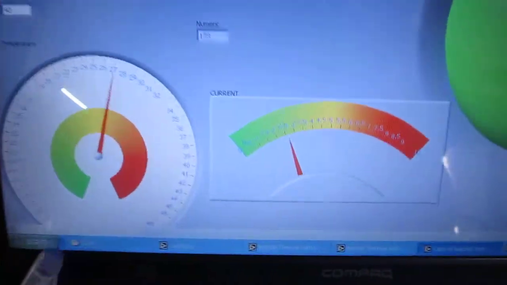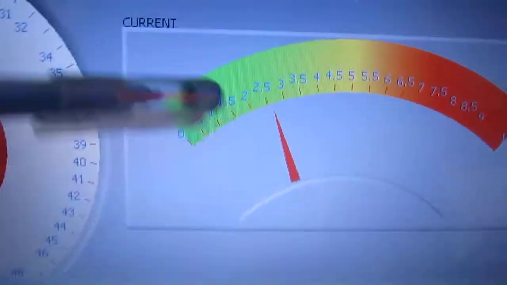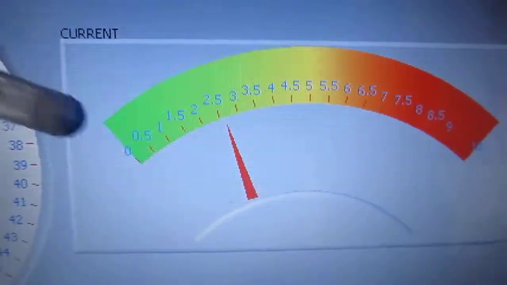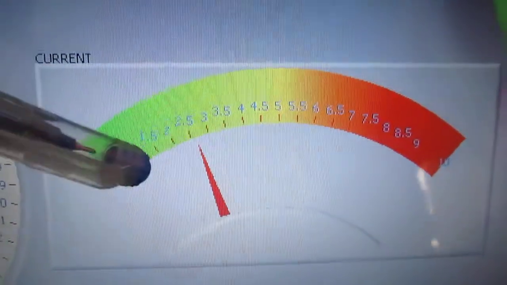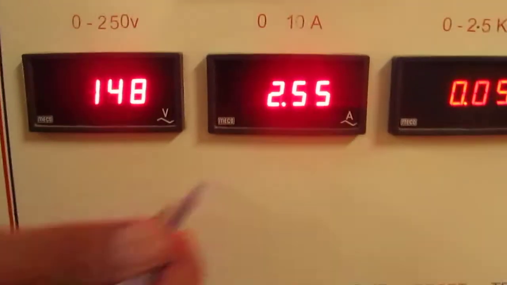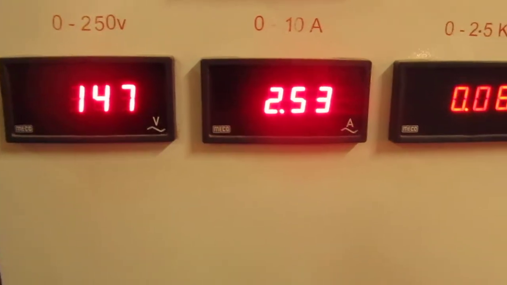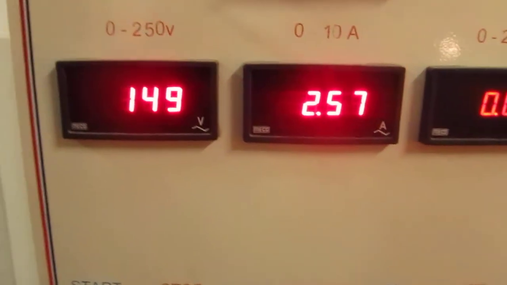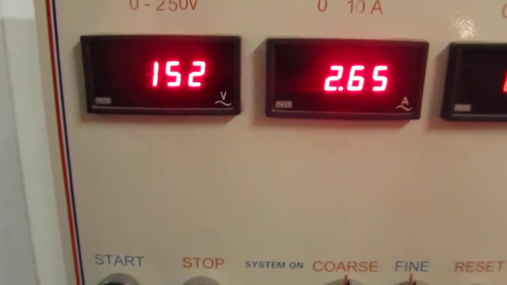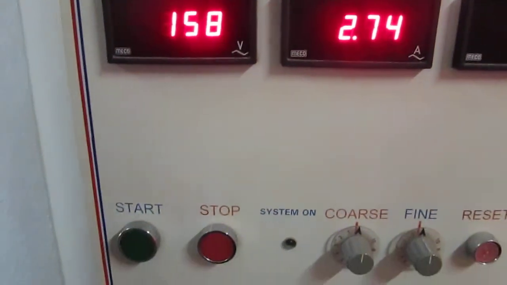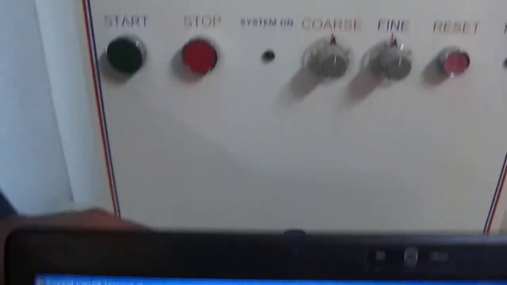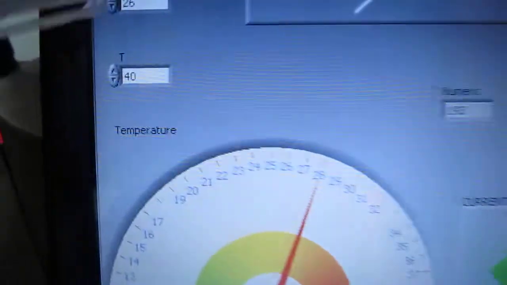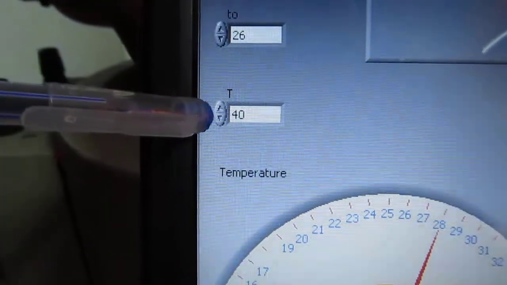That is how the CT works actually. You can see this is the actual value of operating current of our motor, and the same thing on the front panel also. I'm slowly increasing the current. I set the temperature limit as 40 degrees centigrade. If the operating temperature goes beyond this 40 degrees centigrade, the machine is going to trip.